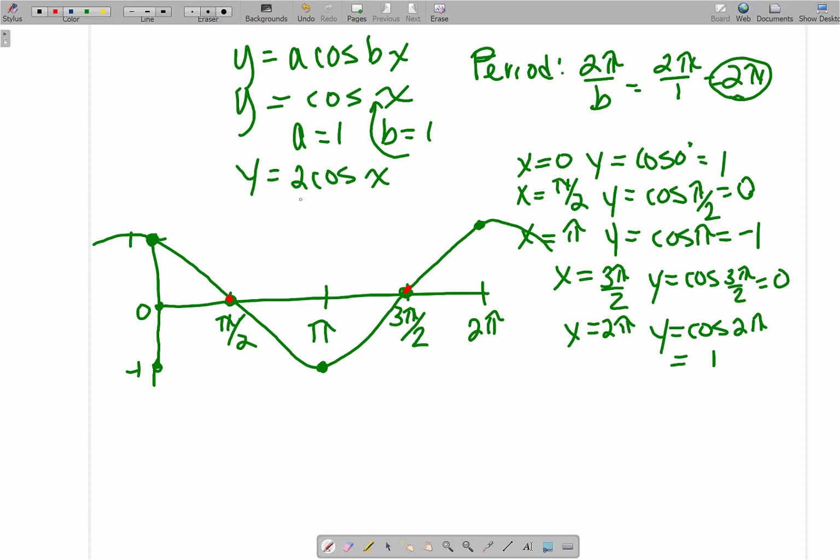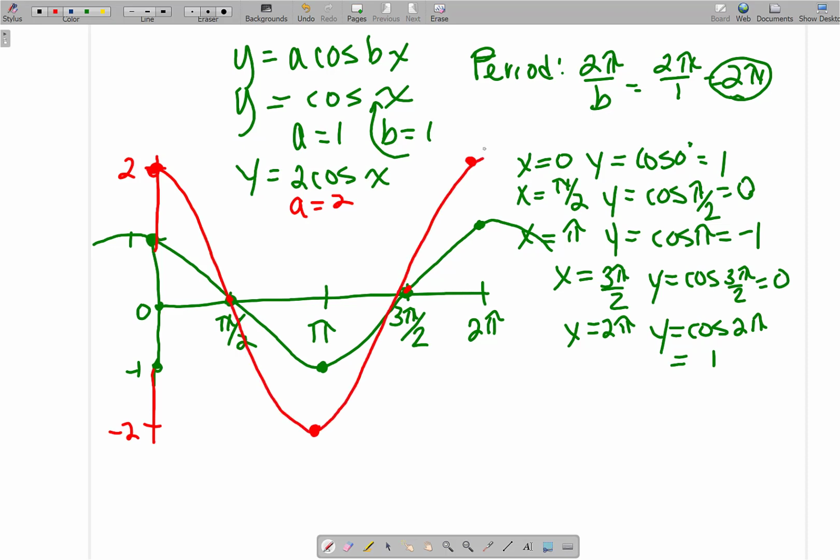What difference will we have? Well, if a equals 2, instead of 1, it will go up to 2. And instead of negative 1, it will go down to negative 2. Instead of 1, it will go up to 2. So the graph of y equals 2 cosine x is going to look like this.